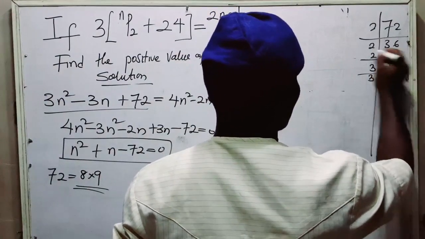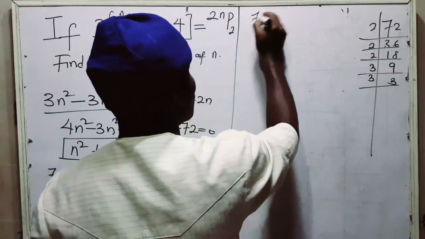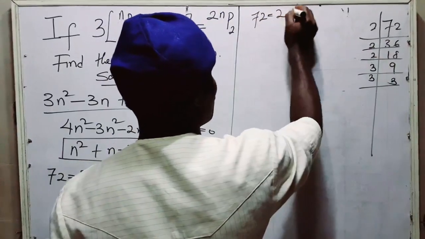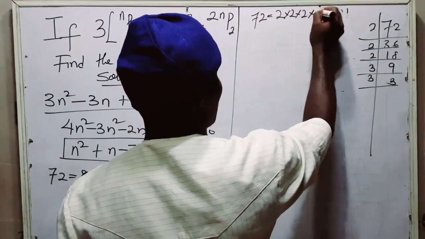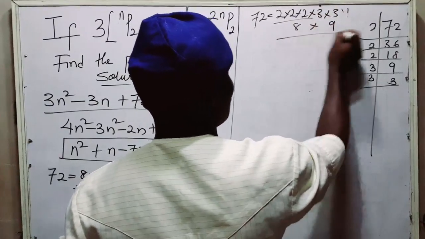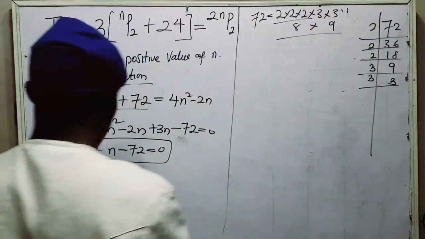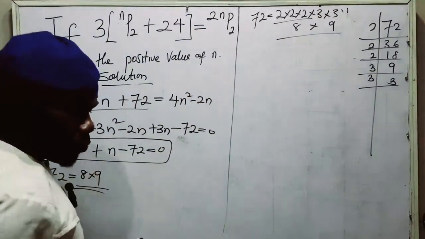So this is how it looks. So that is how we now have our 72 to be 2 times 2 times 2 times 3 times 3. So that's how we have. This one is 8 times 9. So that's how we get 72.